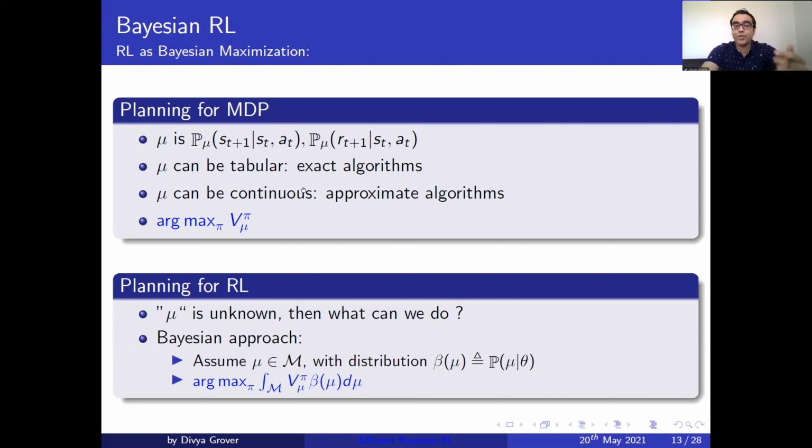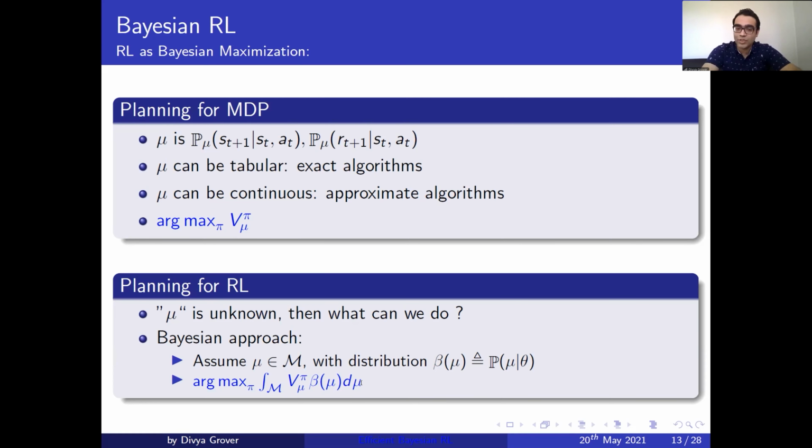And then we have a distribution over these distributions. Essentially, we have a prior distribution over each MDP in the set M, and this is our belief of what the MDP will be. Then we maximize the objective function, which is the value function weighted by the belief of the agent in a particular MDP. So this is a weighted value function maximization objective.